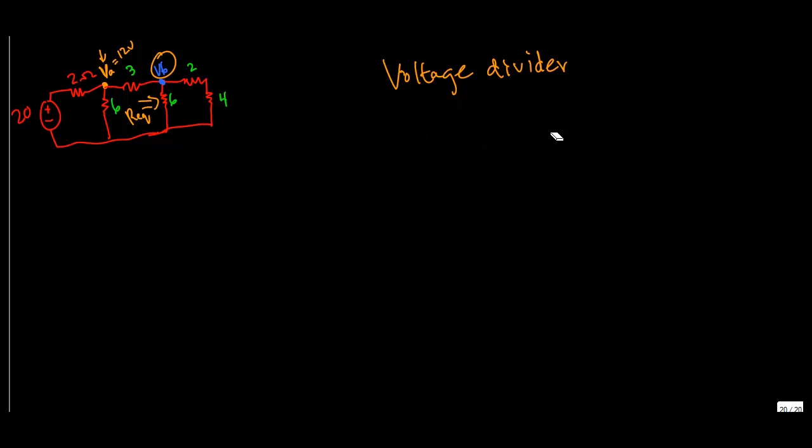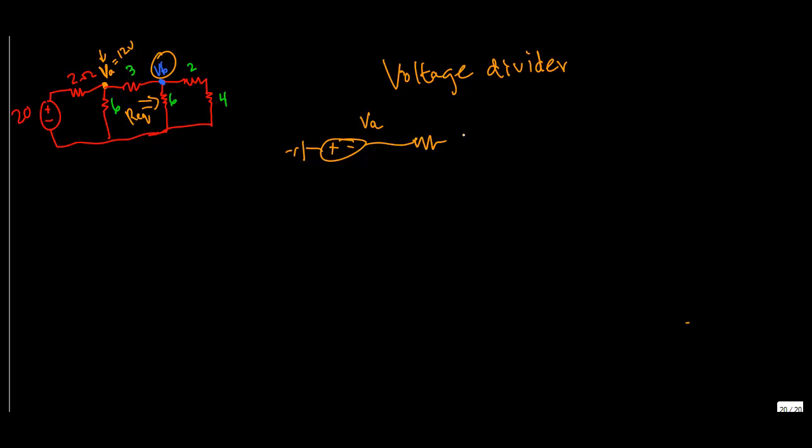I said that it's dependent on VA, and you might be wondering, what happened to the 20 volt source, or the 2 ohm resistor? Well, we already took that into account when we found VA. Why VB is dependent on VA is because if we were to redraw the circuit, we have some voltage VA here, it can be plus or minus, it doesn't matter, and this can be grounded at that point.